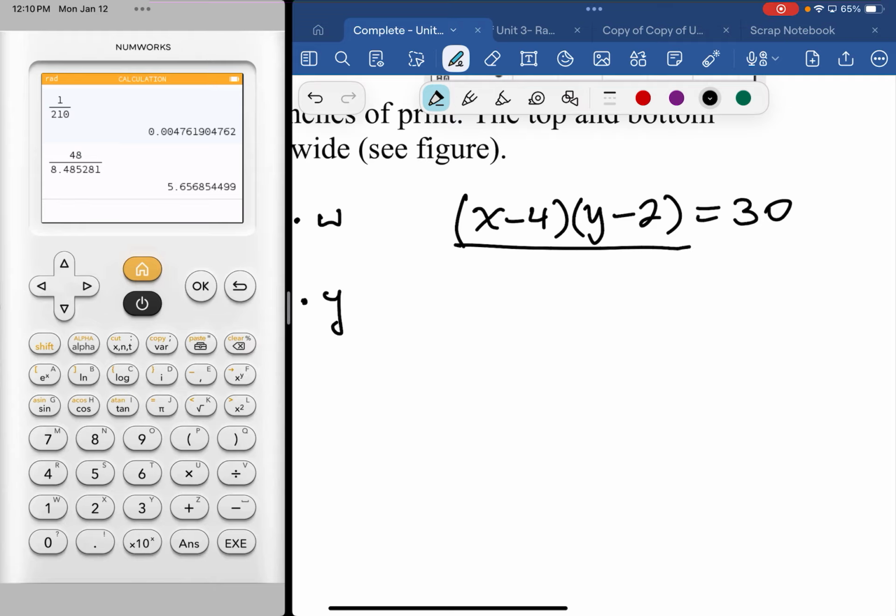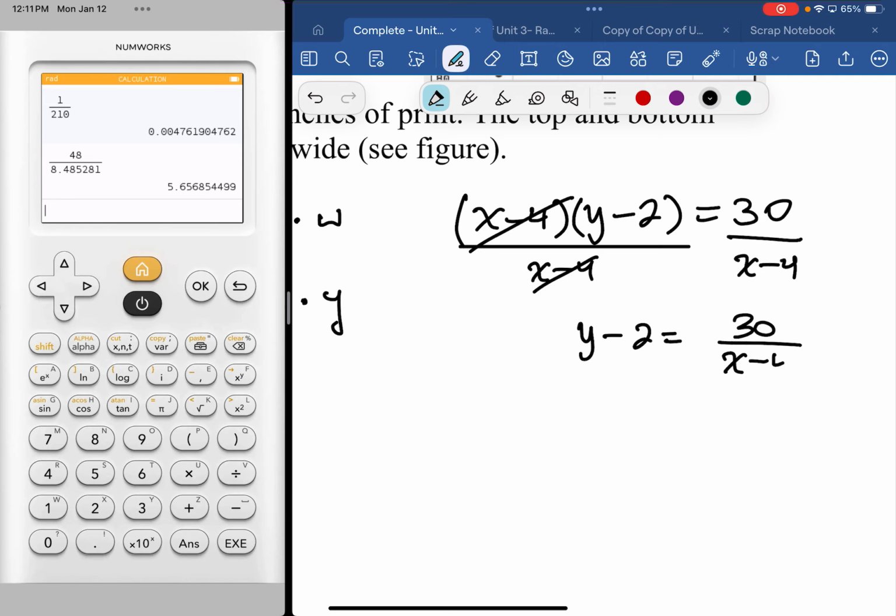So I'm going to focus my attention on this equation and solve it for y. I'm going to divide out the x minus 4. That's going to get me y minus 2 is equal to 30 over x minus 4. I'm going to add a 2 to both sides and get y is equal to 30 over x minus 4 plus 2.